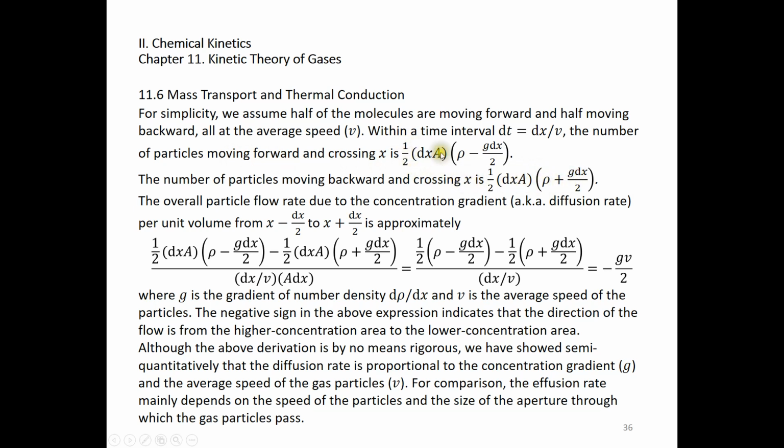This is just the volume of the left side, and this is the number density of the left side. The number of particles moving backward and crossing the midpoint is 1/2 times the volume of the right side times the number density of the right side. So we have this number of particles that move forward and backward and cross the midpoint.